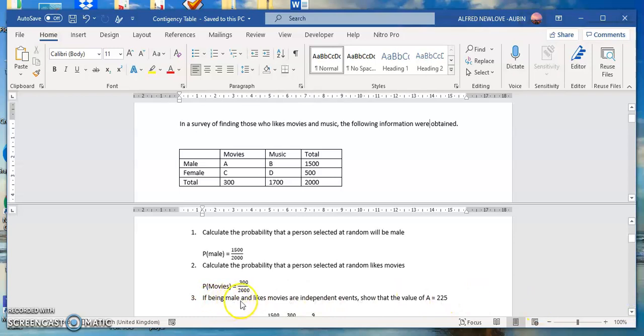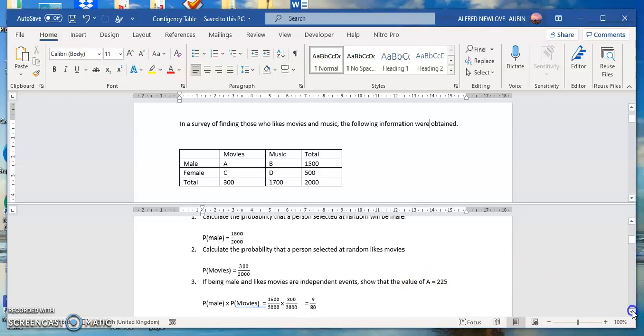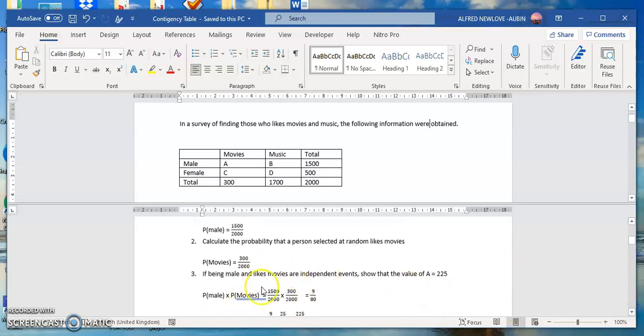If being male and liking movies are independent events, show that the value of A is 225. Now to answer this, we know for independent events, we multiply the two probabilities. So the probability of male, which we have already calculated to be 1,500 over 2,000, times the probability of movies, because it's talking of two things here, male and movies.